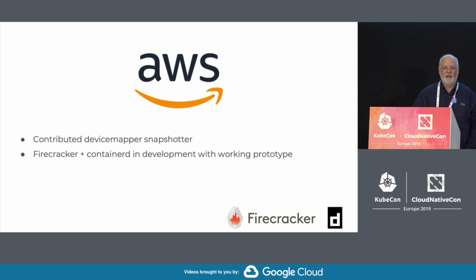Speaking of Amazon, we've been working a little bit with the Amazon guys. They've built a Firecracker implementation that is a container runtime engine. I know this can get confusing. We have container runtimes, and then container runtimes use container runtime engines like runc, or a virtual machine in this case, which is Firecracker, to create the isolation layer.